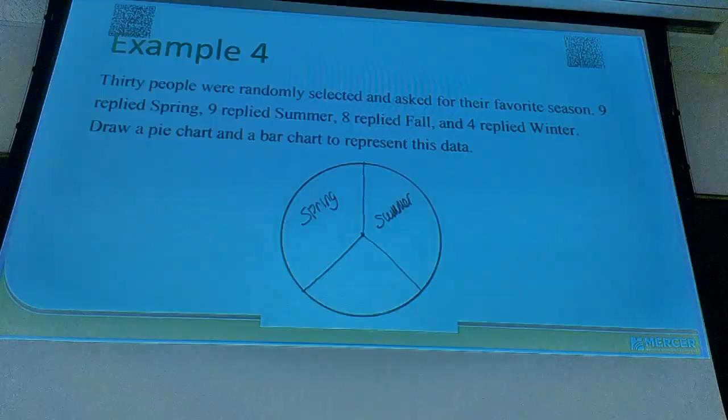Fall was 26.67, let's just round it to 27%, which is more than half of what remains. That would be half, right? No, it's slightly more than half, so maybe like that.